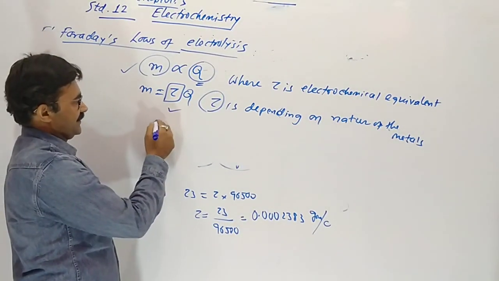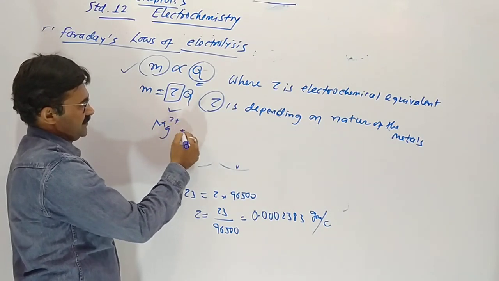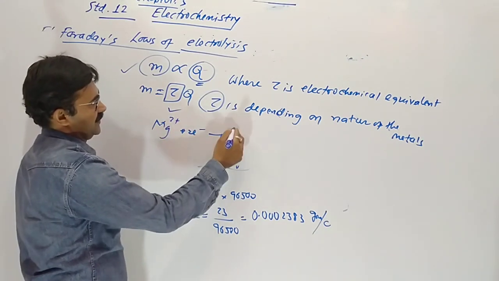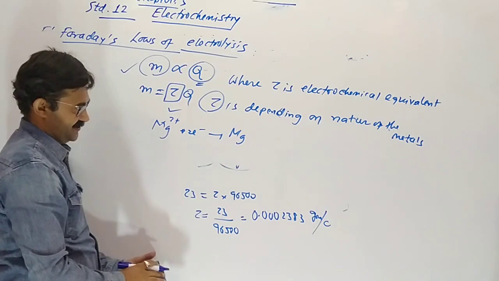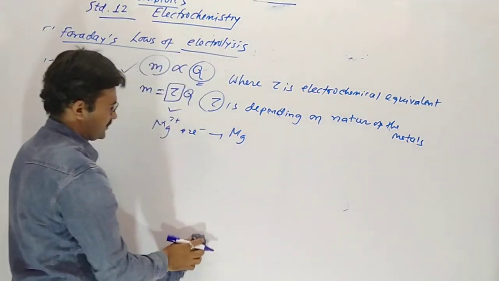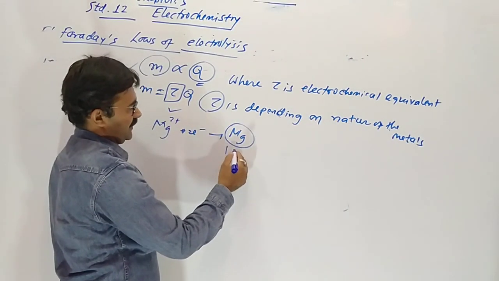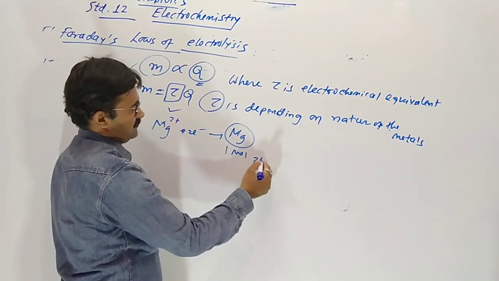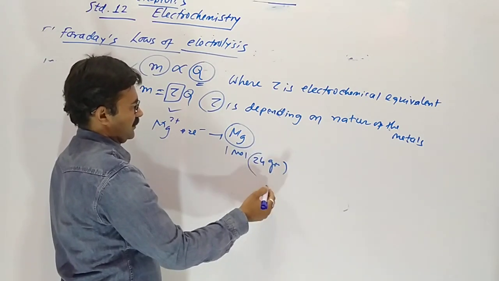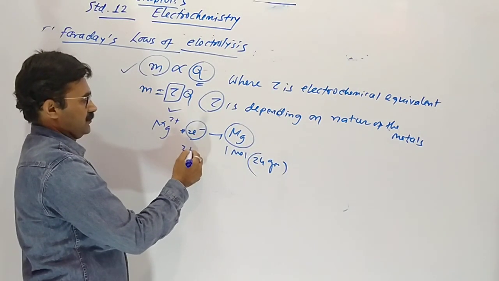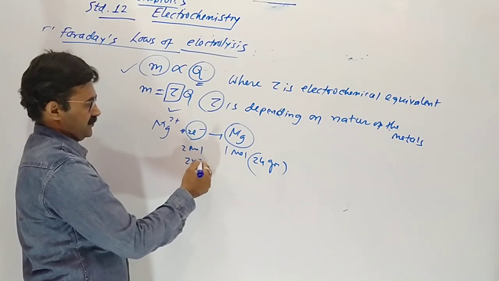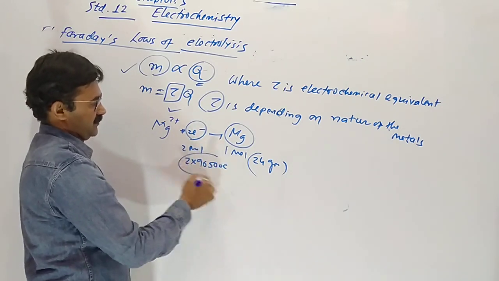If we take magnesium, Mg2 plus 2 electron gives magnesium. 1 mole magnesium means 24 gram per mole, with 2 mole electron, so 2 into 96500 coulomb.